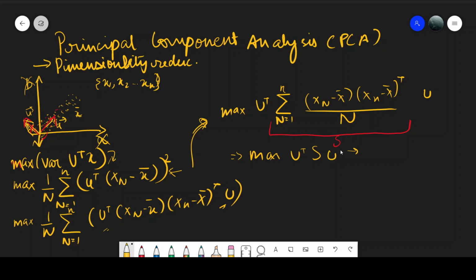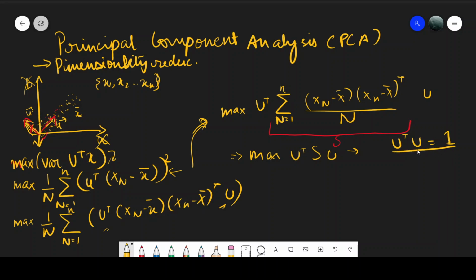I just want to use U as a direction to find out in what direction to project the points x, right? I don't want to vary the magnitude of U. So I'm going to put the constraint over here that U transpose U is equal to 1. This basically means that the magnitude of U does not change.